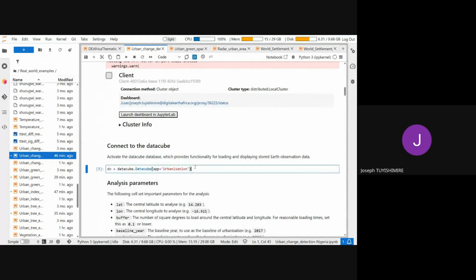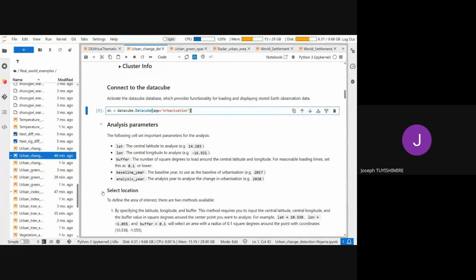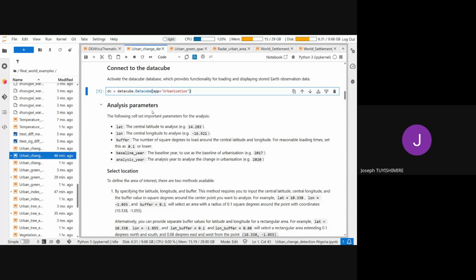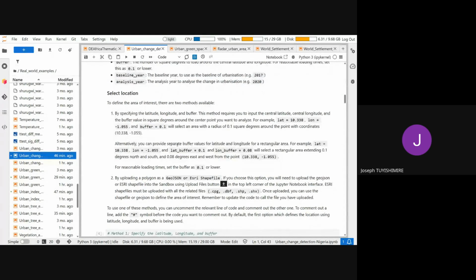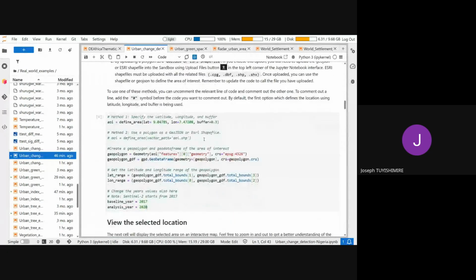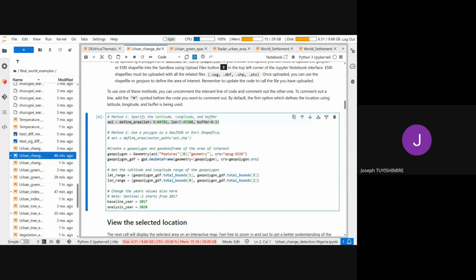And of course, we use urbanization as the application. We should always be able to define our study area either using a latitude, longitude and buffer, or, if we have a clear polygon, we can upload it and work on an exact area. I will share the parameters for the latitude, longitude and buffer with you.